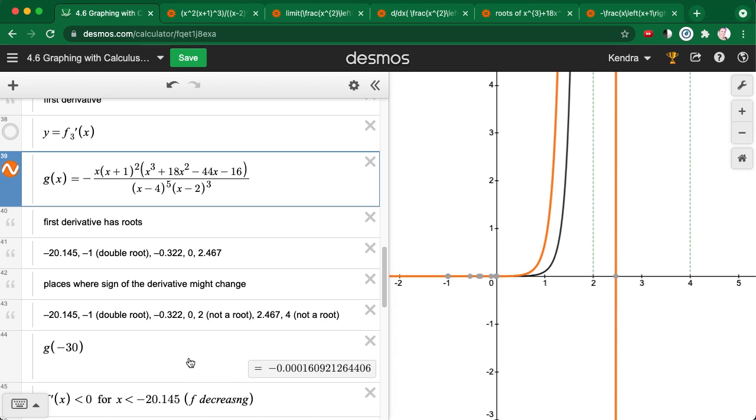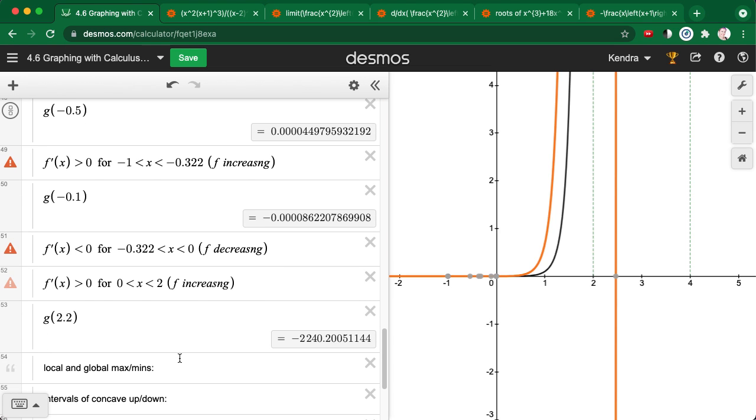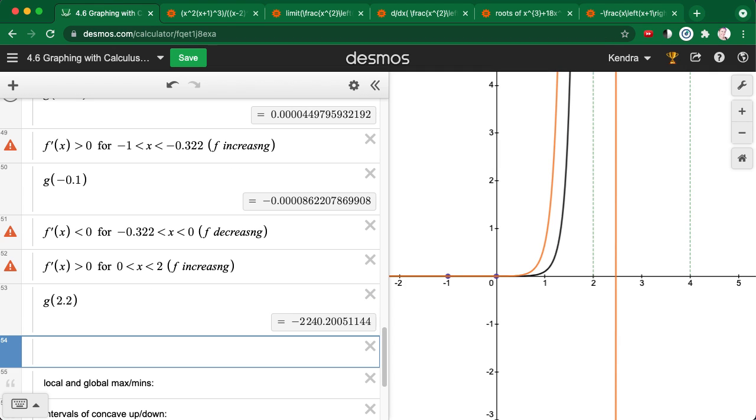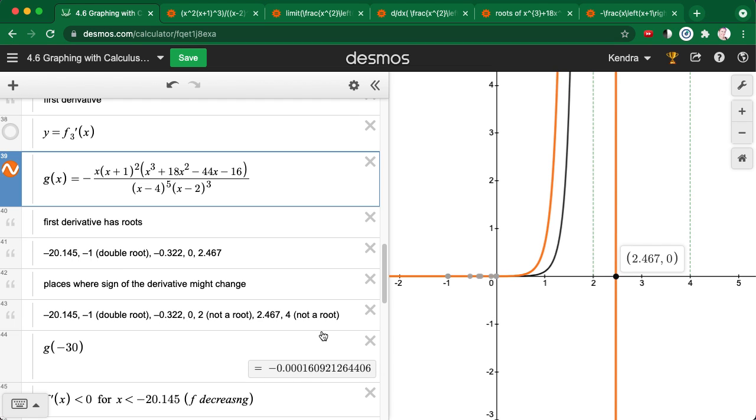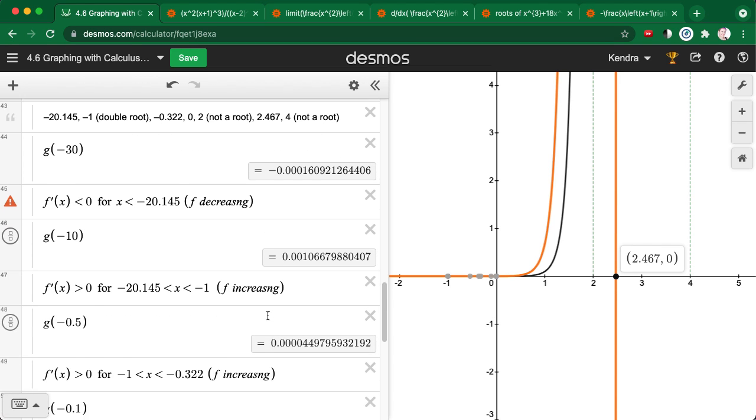It's a very large negative number. So that means it is decreasing here. So this is from x going from 2 to, what was that number again? 2.467.